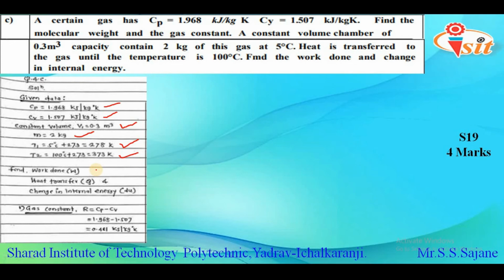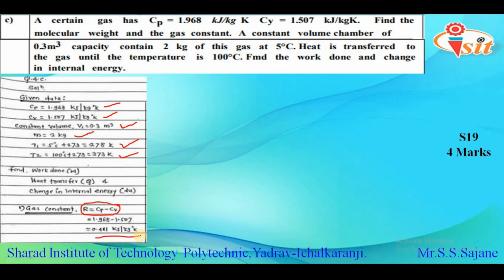For this purpose, we should know that the gas constant, that is R, is calculated by taking the difference of specific heats, that is Cp minus Cv. So you should remember this formula, that is R is equal to Cp minus Cv, and you will directly get the value of R, that is 0.461 kilojoule per kg Kelvin.